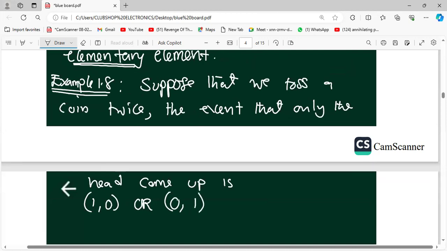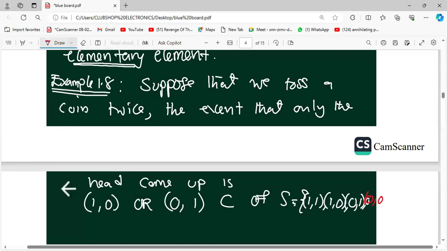And this is a subset of S, the sample space. In this case, the sample space has 1, 1, 1, 0, 0, 1, and 0, 0.